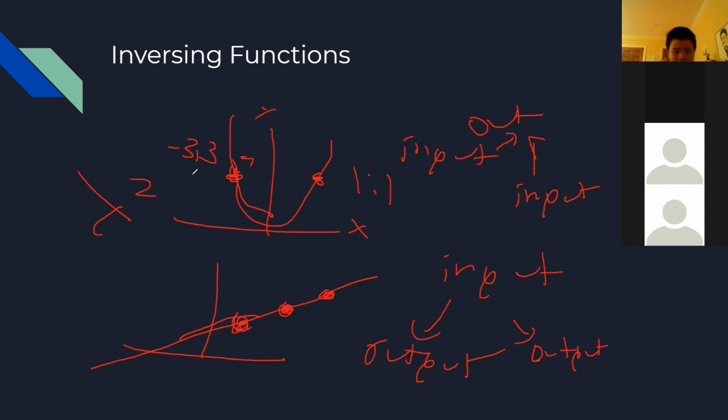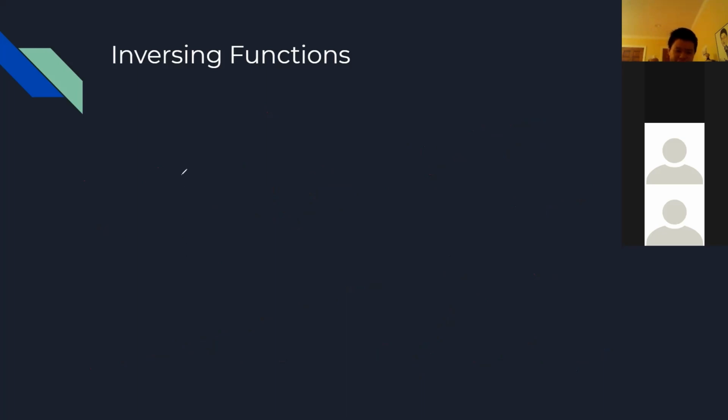So a good measure of this would be, if you had a graph, to draw a horizontal line. If any horizontal line drawn anywhere on the graph travels through 2 points, it can't be inversed.